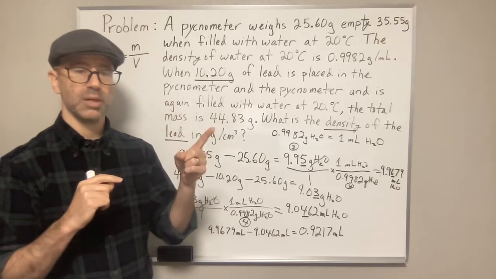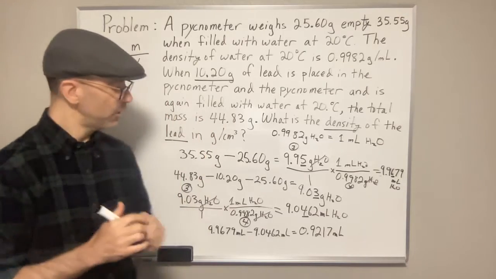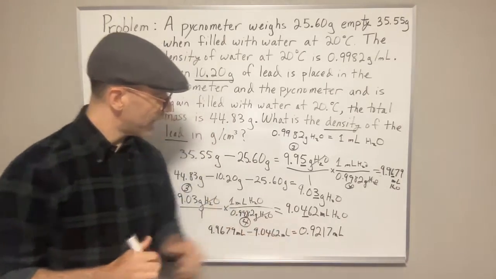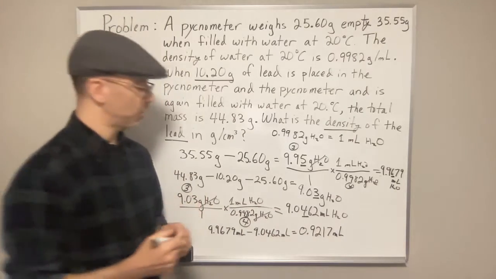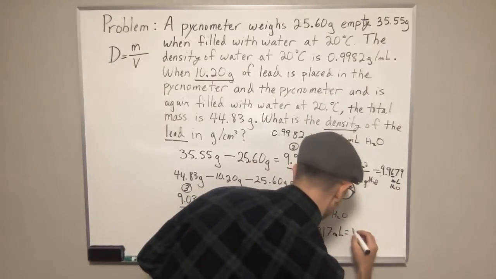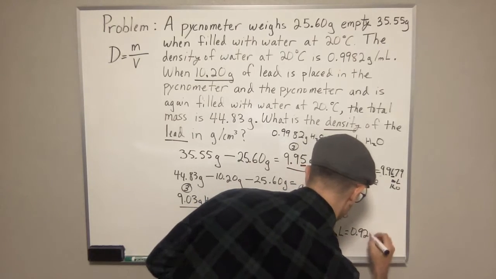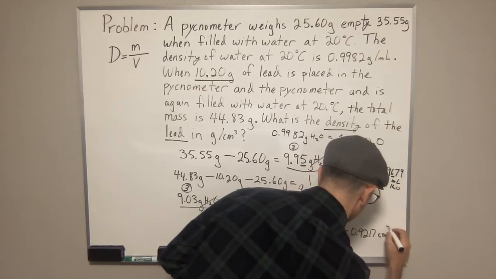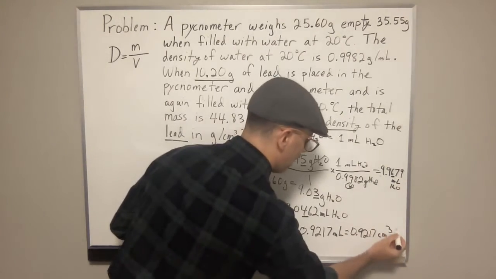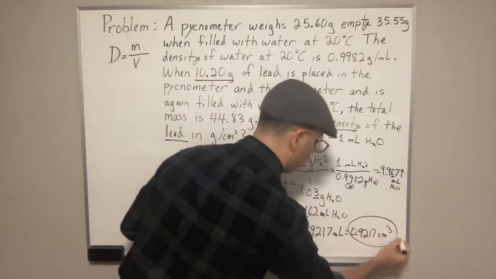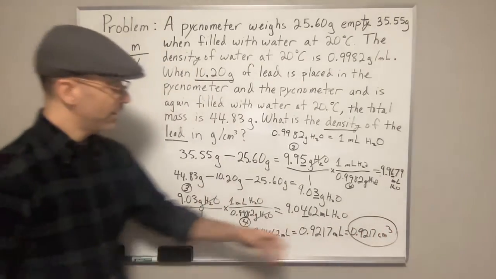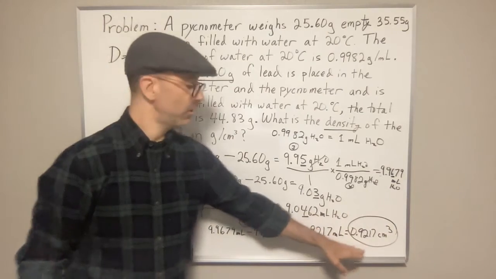So 1 centimeter cubed is equal to 1 milliliter. So 0.9217 milliliters is going to be the same as 0.9217 centimeters cubed. So now we have the volume of the lead that is occupying the pycnometer.